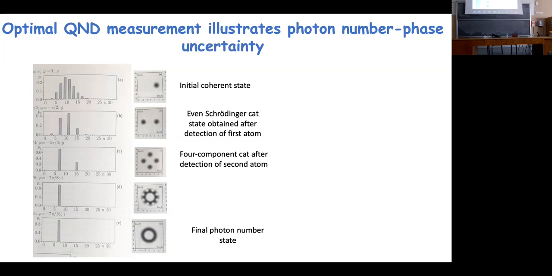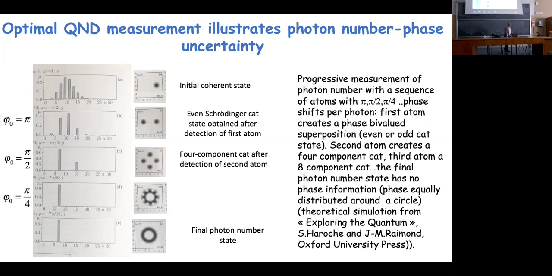And the first atom, you send an atom which has a pi/2 shift per photon, which dephases the atom by pi. So what does this atom do? When it crosses the cavity, it suppresses one out of 2 photon numbers, and now you get a Schrödinger cat.